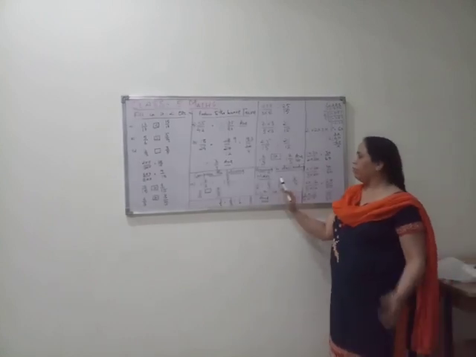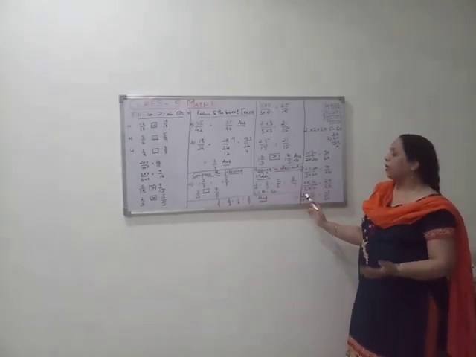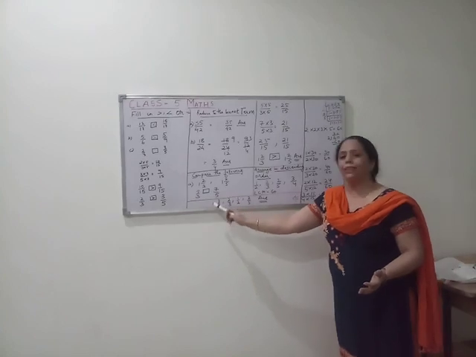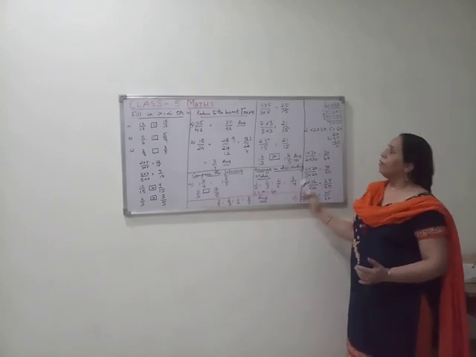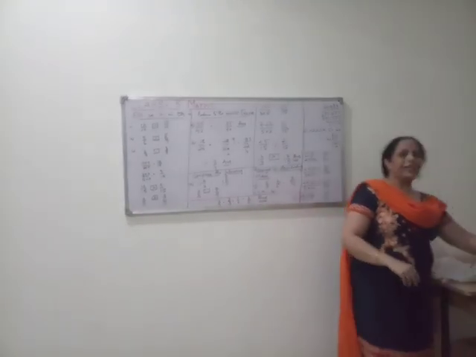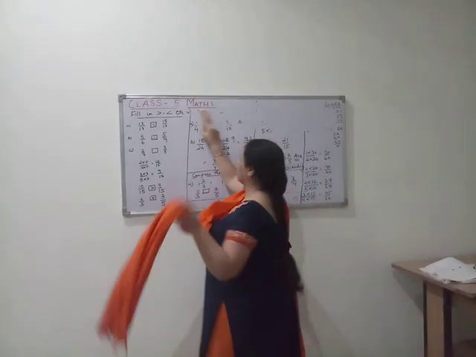In the same way we will write the ascending order: 2 upon 5 will come first, then 1 upon 2, 2 upon 3, and then 3 upon 4. With this, the exercise is over, and we will go to the next exercise, exercise 3B.